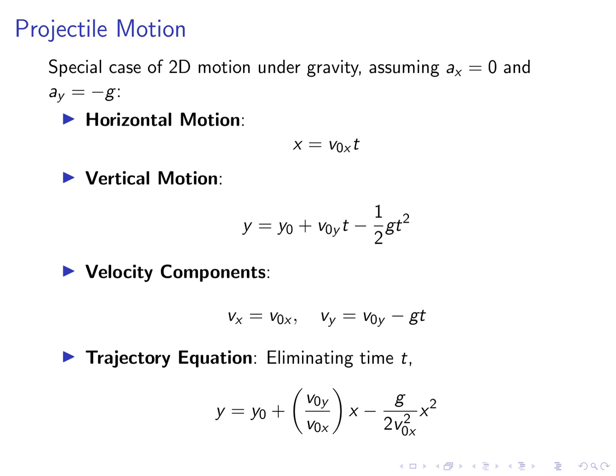The velocity components are vx equals v0x, and vy equals v0y minus gt. The trajectory equation, eliminating time t, is y equals y0 plus v0y over v0x times x minus g over 2 v0x squared times x squared.